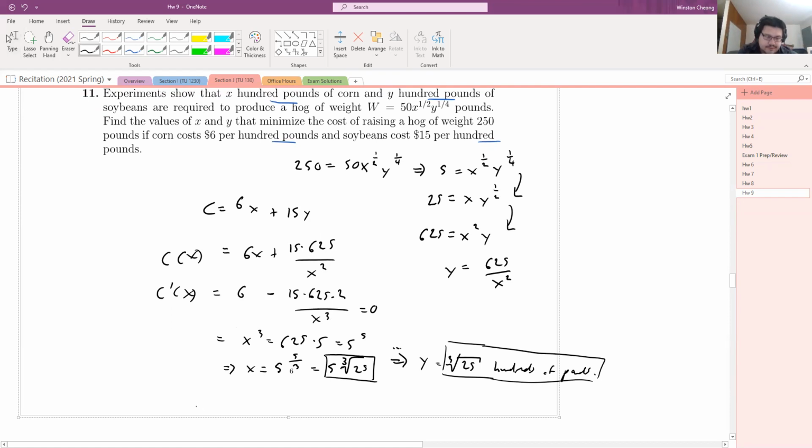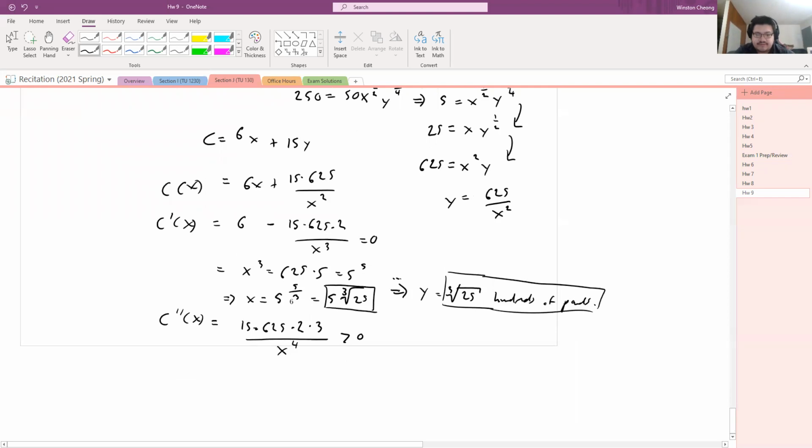So you know that's going to be positive. So second derivative, I'm going to do just as I said, 15 times 625 times 2 times 3. If you really wanted to, you could totally multiply that, get a number. I just care that it's a number that's positive. So this whole fraction ends up being positive. So the second derivative is positive for all x, effectively. Well, really it is for all x except for 0, but it's fine.